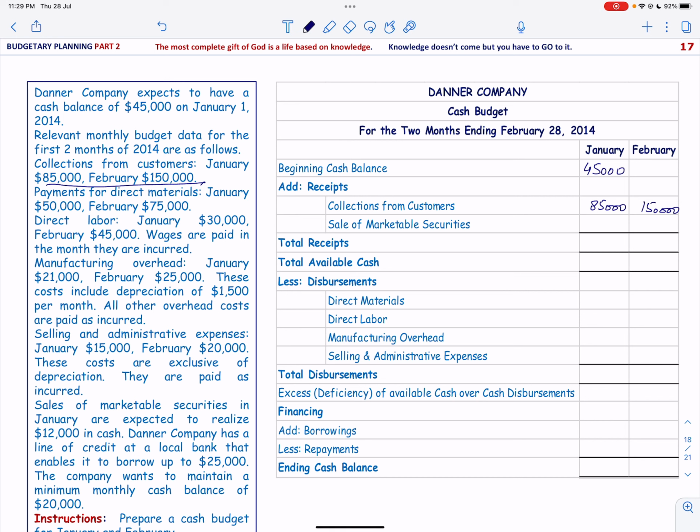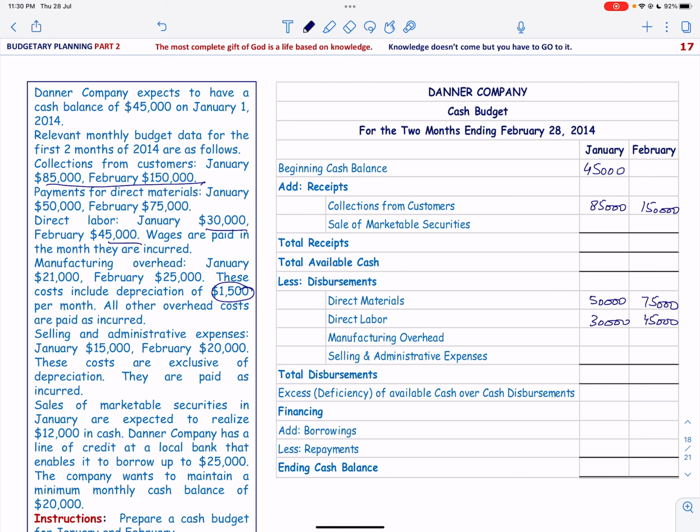Then payments for direct material for January are 50,000 and 75,000 in February. Direct labor is 30,000 and 45,000. Manufacturing overhead is 21,000 and 25,000. These costs include depreciation of 1,500.